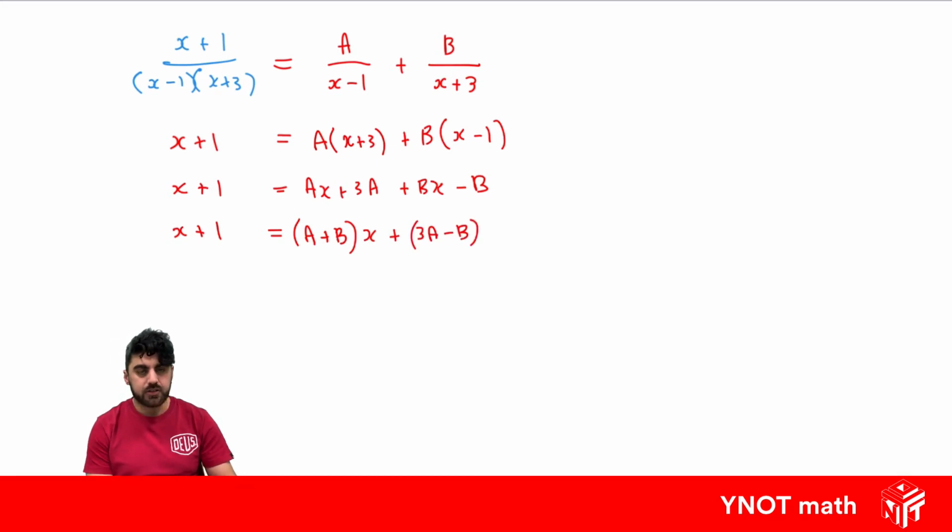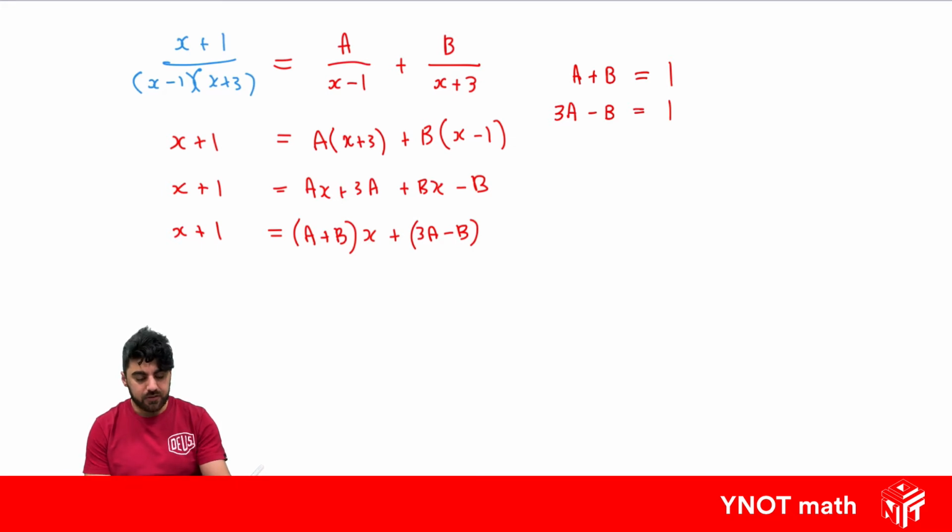And now we can just go ahead and equate coefficients. So if x + 1 has to equal all this, a + b must equal the coefficient of x, which is just 1. So a + b has to equal 1, and we also get 3a − b has to equal 1 as well for that constant term.